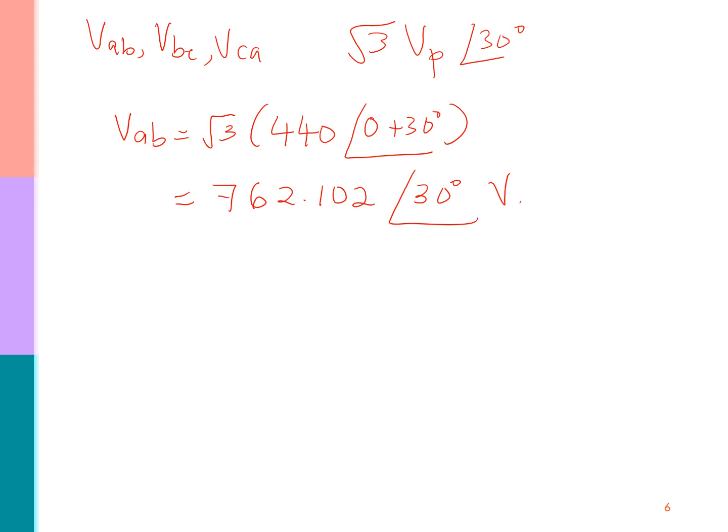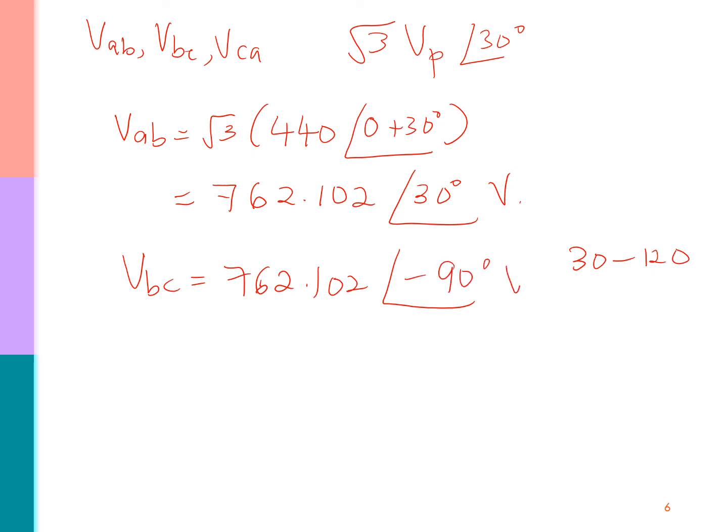Then as a positive sequence, for VBC you just write down the magnitude of the line voltage and calculate the angle. You have to minus 120, so you will get minus 90 degree. For VCA, the angle you plus 120 degrees, so for VCA the angle is 150 degree volt.